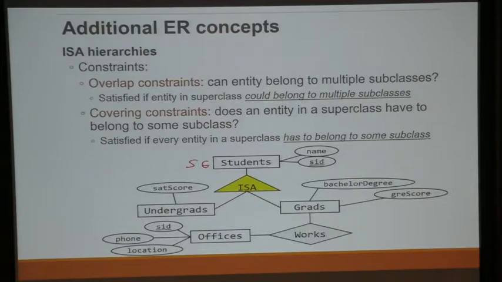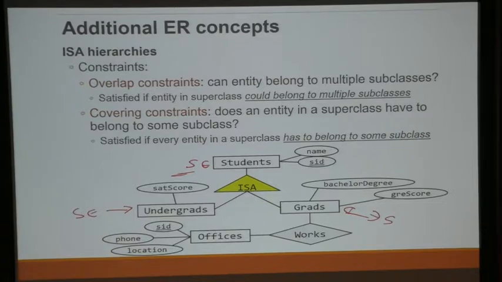Okay? The other one is a covering constraint. The covering constraint means that every S in the student entity set must appear in either this, or both. Okay? So S must be inside here, S must be inside here, or both.